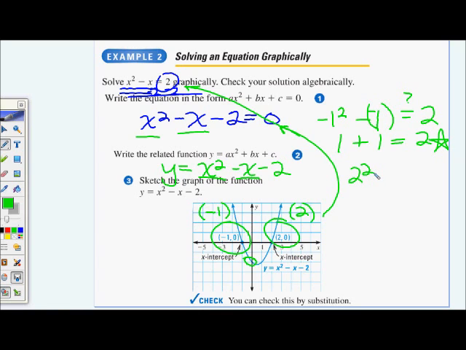So I would have 2 squared minus 2, and does that equal 2 from our original equation? So 2 squared is 4, minus 2, and yes, that also works. So in this one, it says solving an equation graphically. We're going to check our solution on the graph and see if that is in fact a true solution.